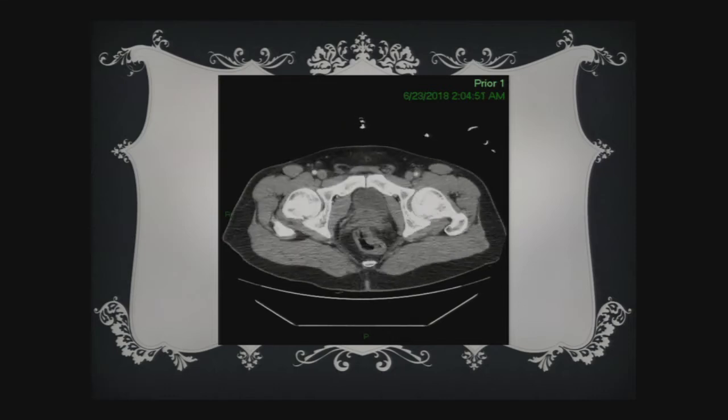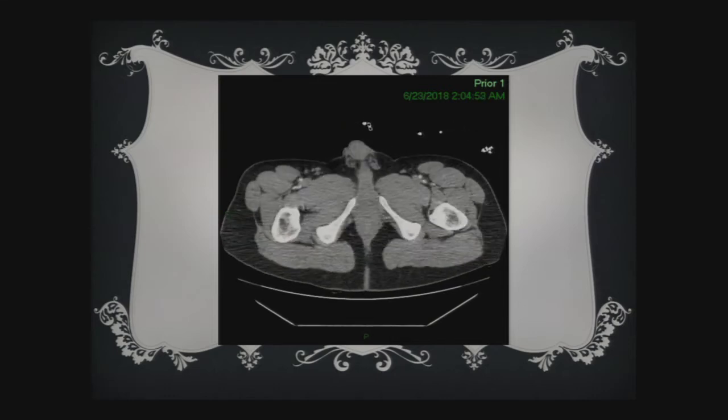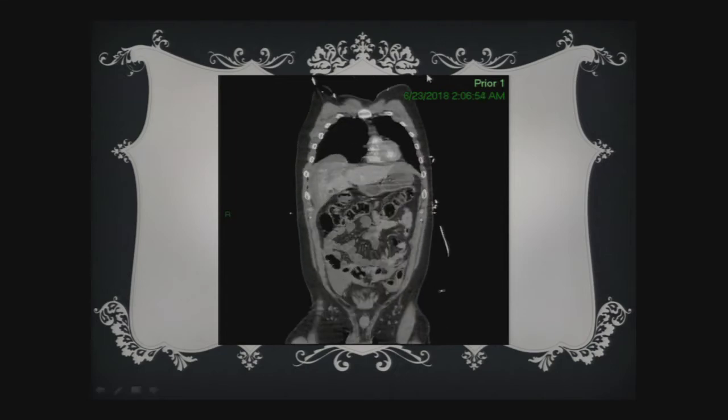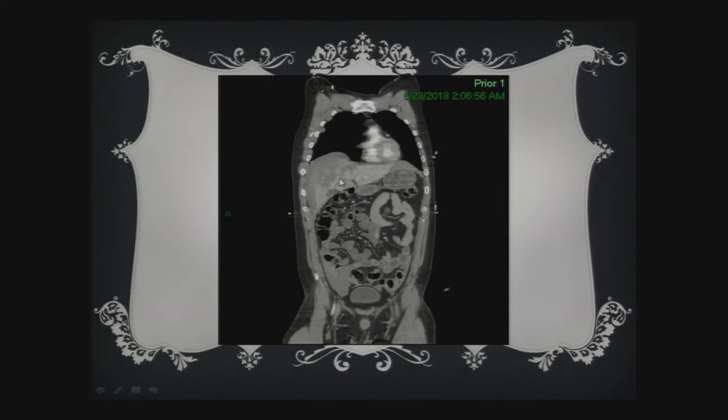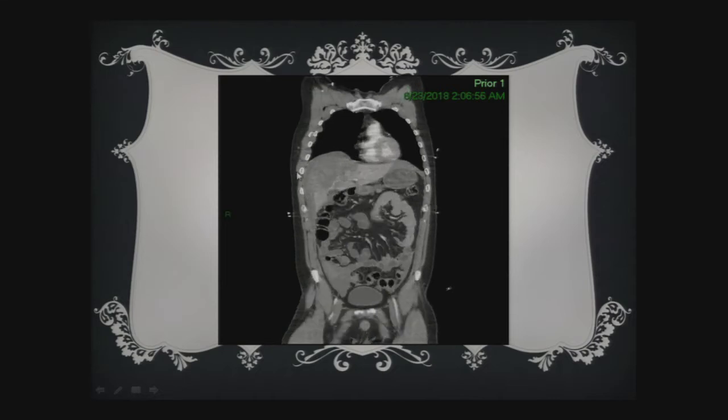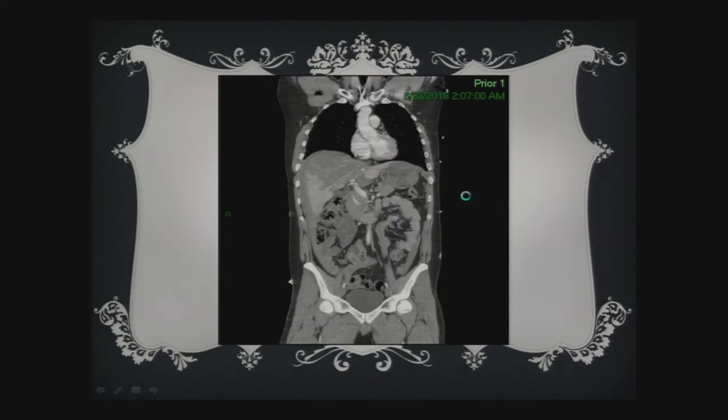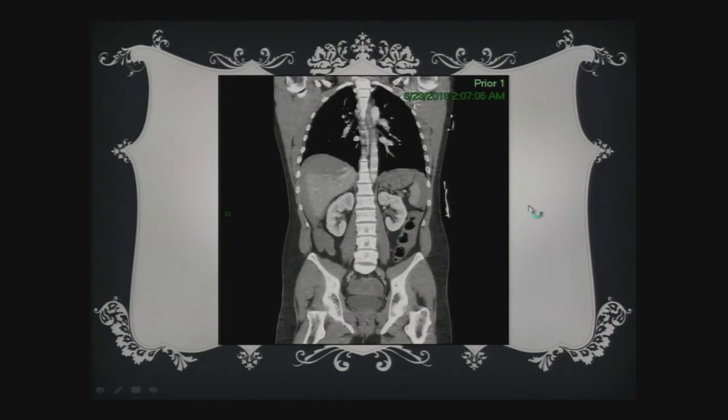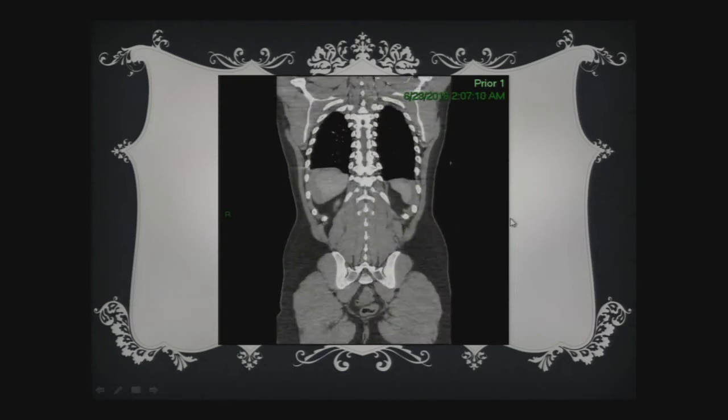Okay, and then on this other view, you can see the liver injury again up here on this right side. So this was his initial presentation.